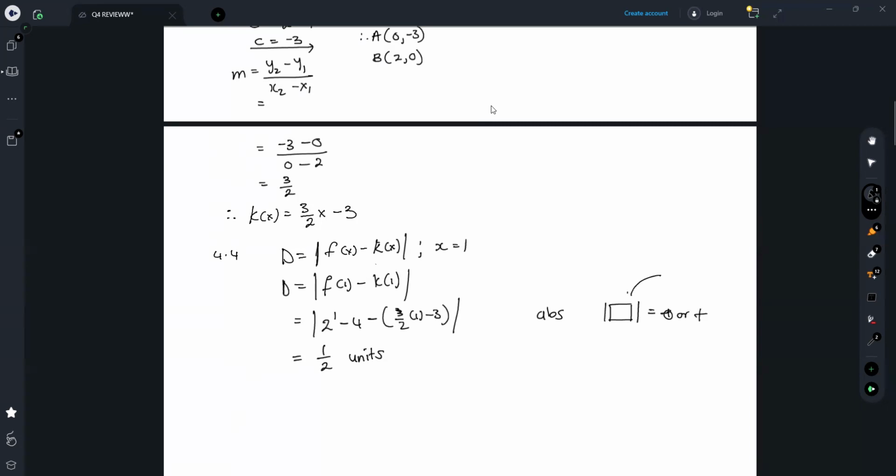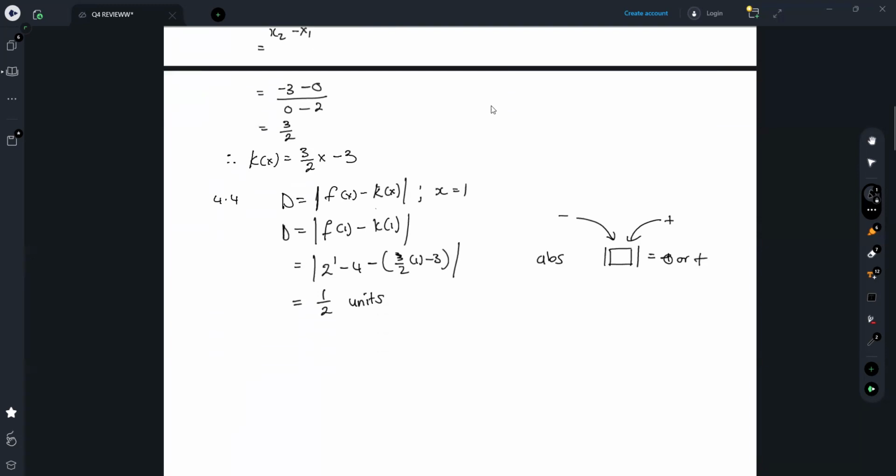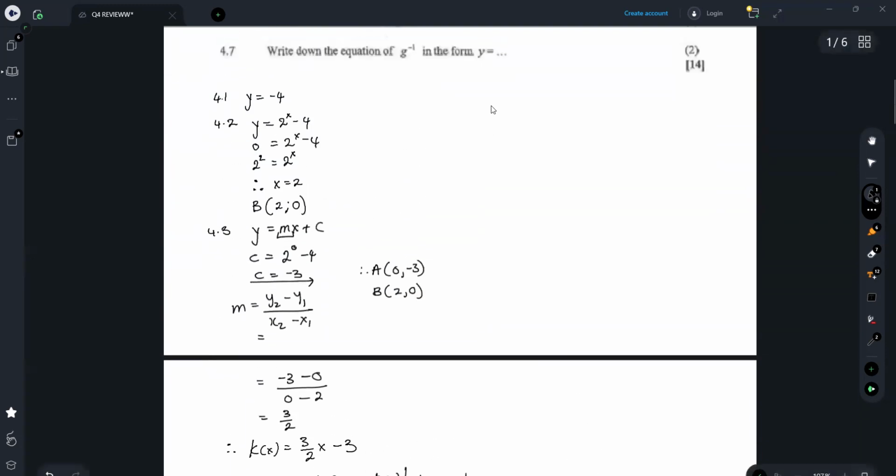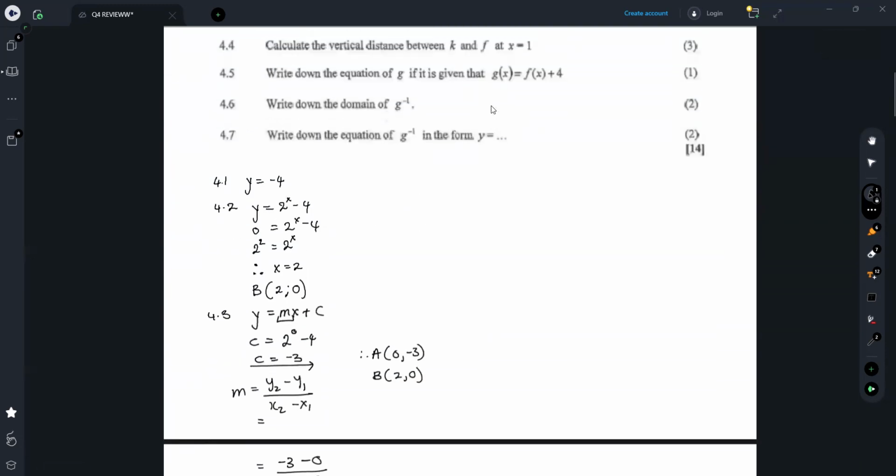It does not matter whether you plug in a positive number or a negative number. It will always produce that value as a positive. If you plug in a 0, definitely it's going to produce a 0 like that. Okay. So that's just additional information that you might not need to know, but you can always use going forward.